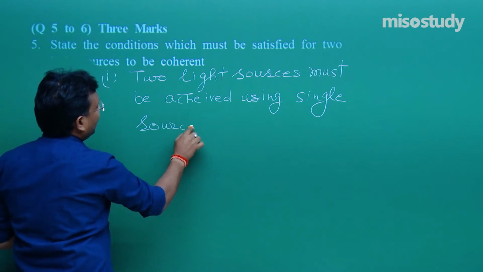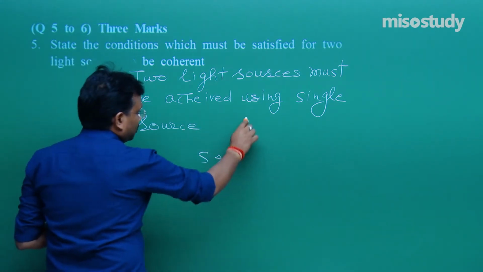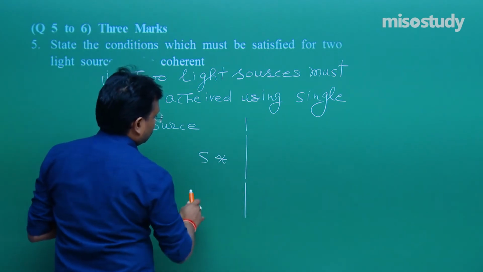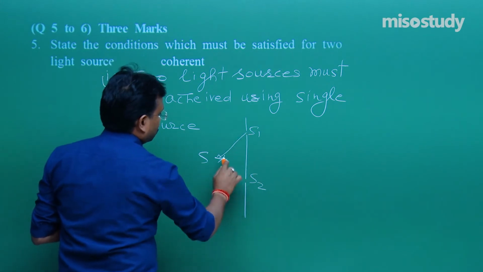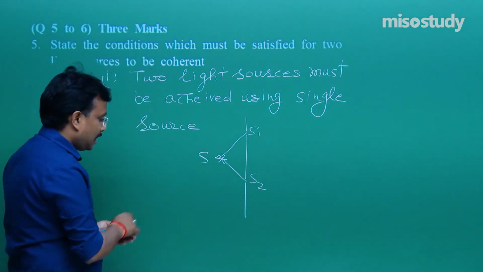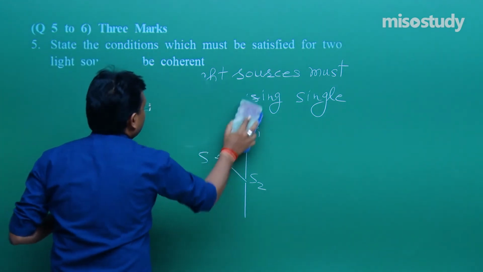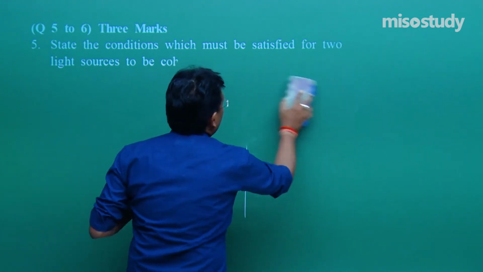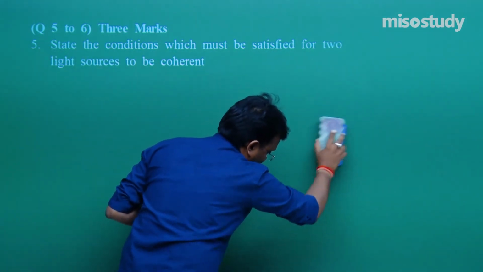Try to recall the diagram of YDSE. Source, then S1, S2. So, this is the first condition. There are other conditions, I will write down. This one point I mentioned because I know you can very easily recall this point.